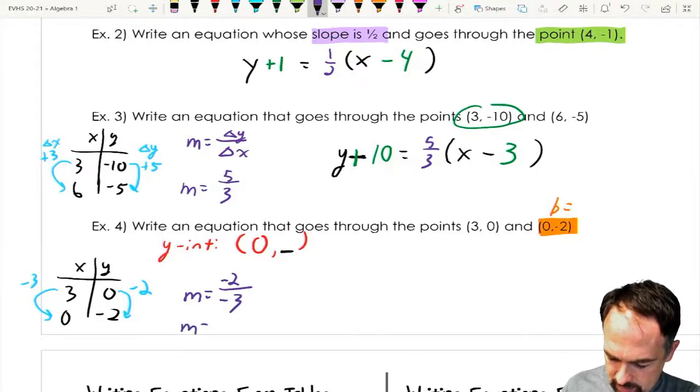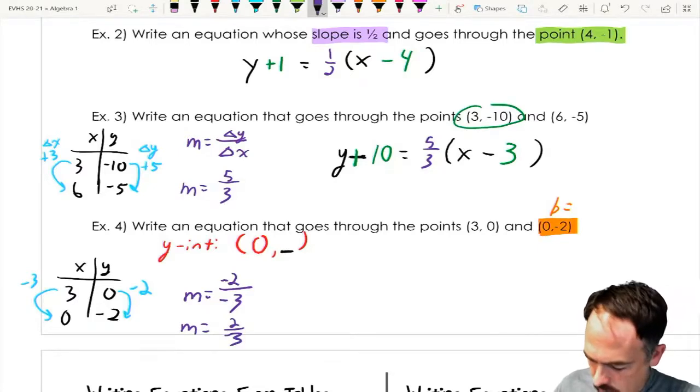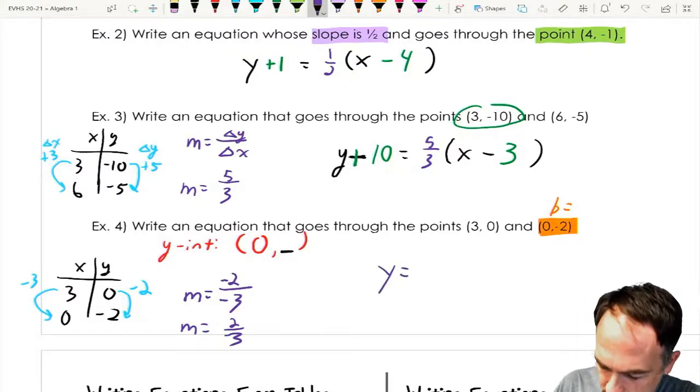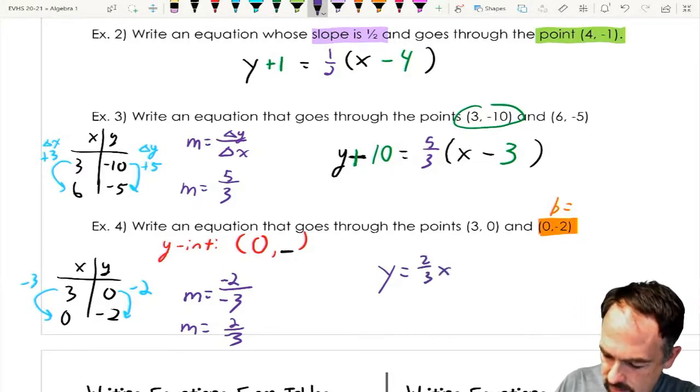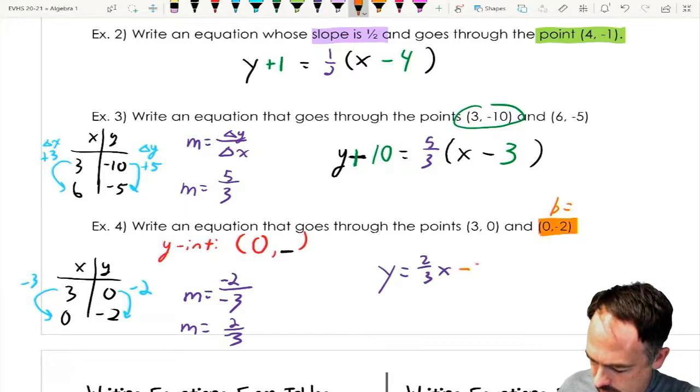And that is going to simplify. Negative divided by a negative makes a positive, 2/3. Now my formula, we're going to use y equals mx plus b. Y equals, and then we have our m is 2/3 x plus b is minus 2 because that's a negative there.